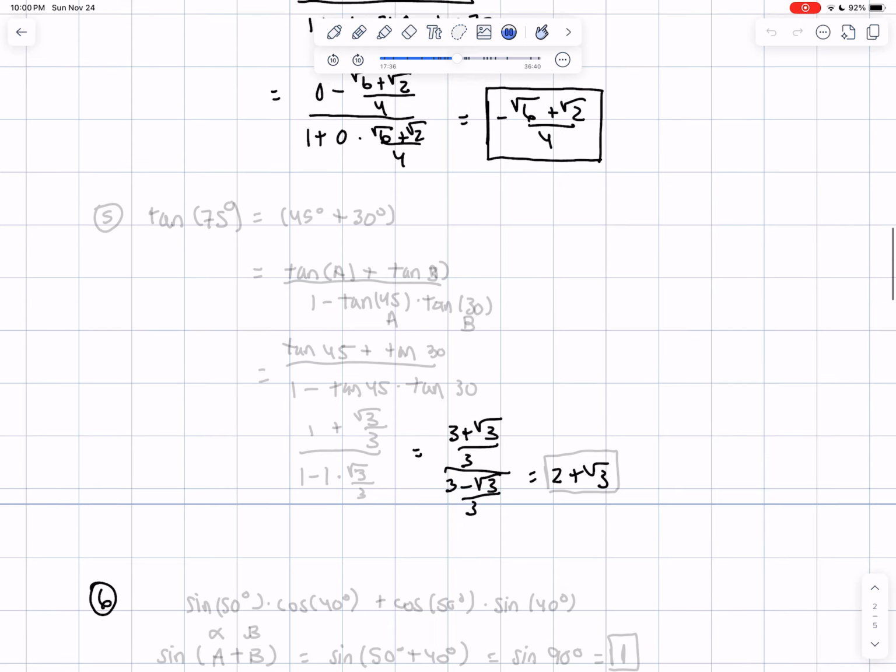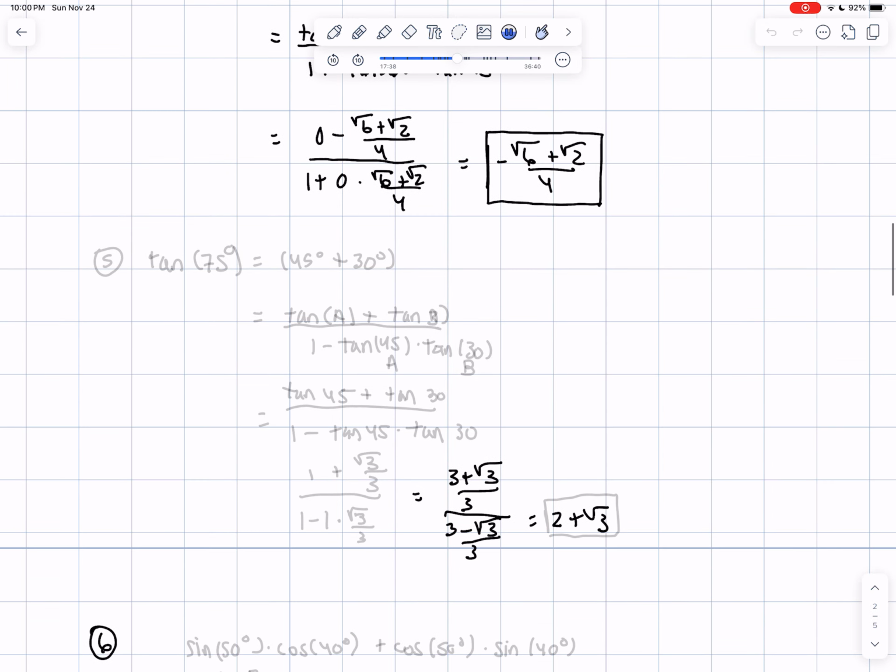So let's try the tangent of 75, for example. So if it's a tangent of 75, let's do one where it's alpha plus beta, or A plus B. If I did the tangent of 75, it's 45 degrees plus 30 degrees. That'll give me 75.